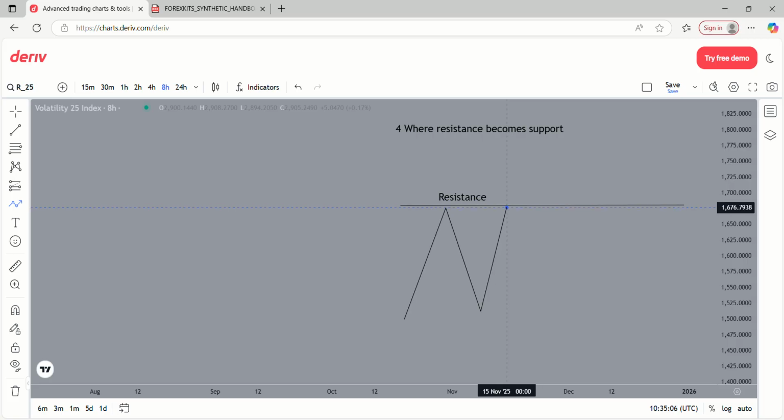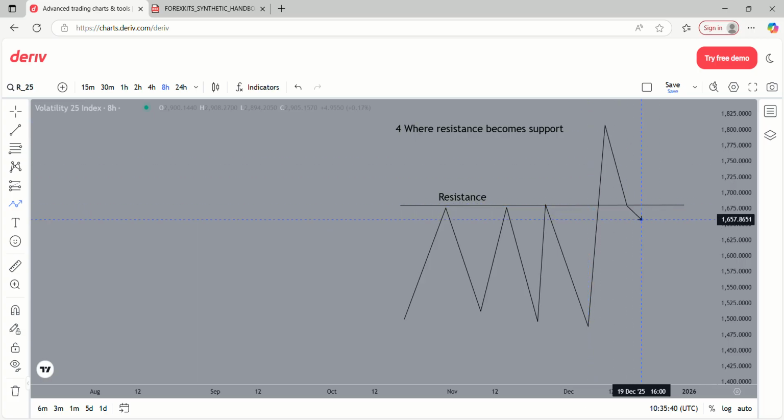You can see how price is resisting when it gets to the zone, and then it will get to a point where the support area has become weaker, price breaks out of it, and the point which was once a resistance, price comes back and starts retesting it as a support.